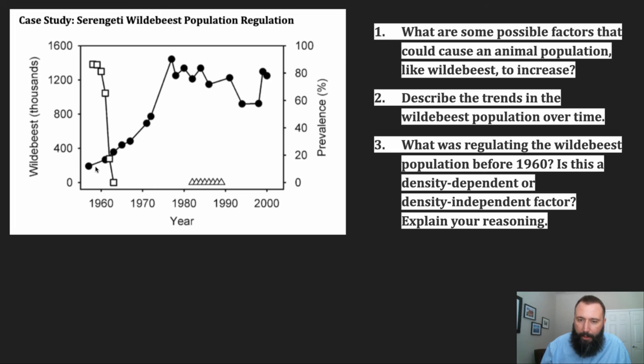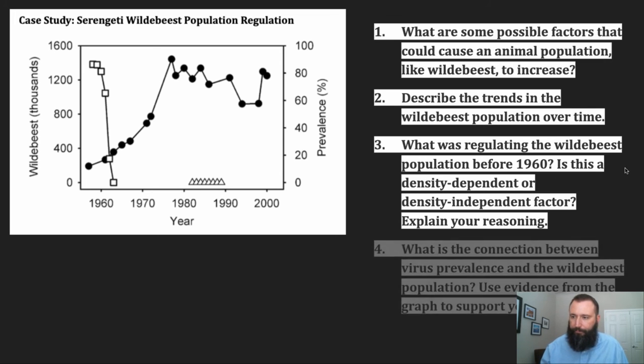But we'll talk about that in a moment. I'm kind of getting ahead of myself. This though, guys, that prevalence of disease is density dependent. All right, so if you've got a large population of wildebeest in an area and there's disease that can transmit between the different wildebeest, it's going to keep that wildebeest population down if that disease is killing them.